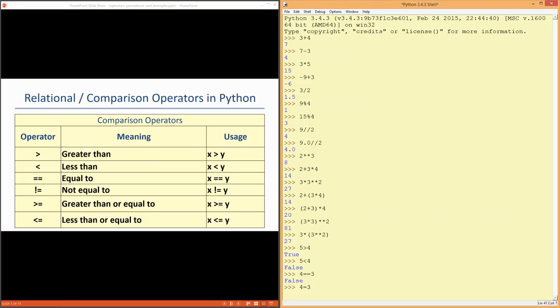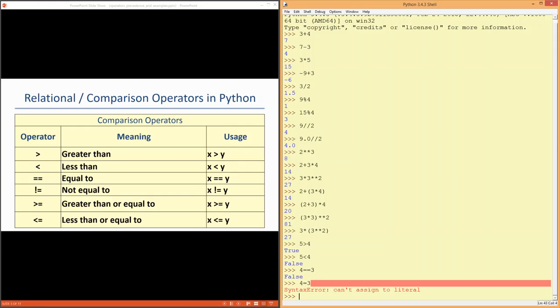I am asking Python to calculate the right side and associate it with a variable called 4. Again, remember that the name of a variable cannot start with a number. So it is obvious that I am going to get an error.